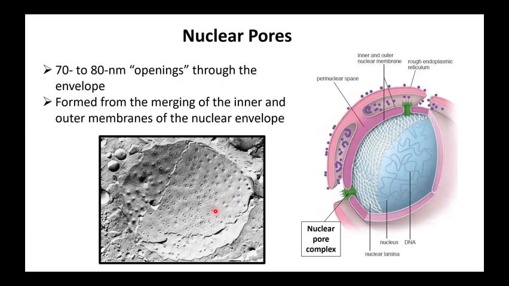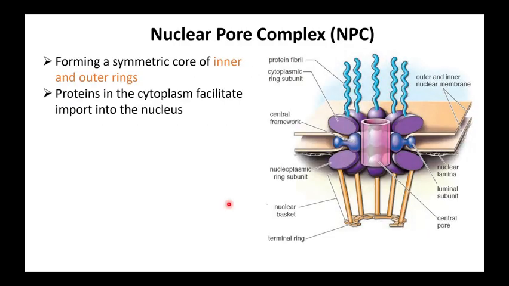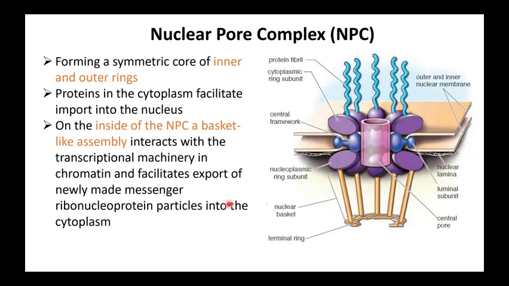Okay. Now, when you look at the nuclear pore complex, it is formed by inner and outer rings. Okay. Now, they form a symmetrical core, and this is the space where the things from inside go outside or from outside to inside. Look at this protein here.